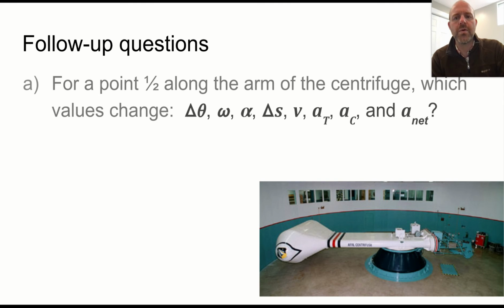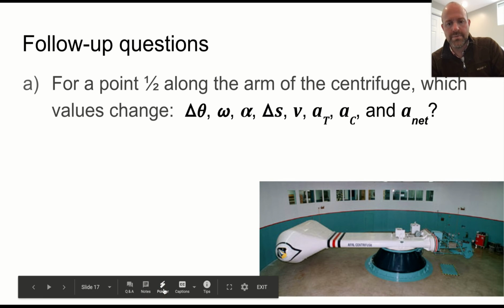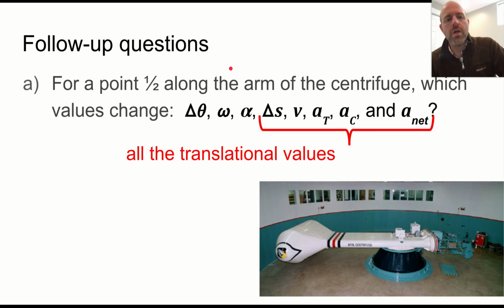So to follow up here, if you're halfway along the arm of the centrifuge, which of these values change? Well, all of the translational values depend on r, but all of the angular values are true for every part of it.